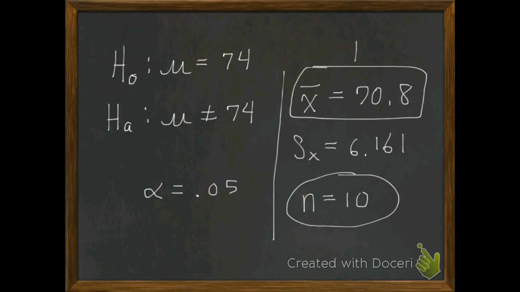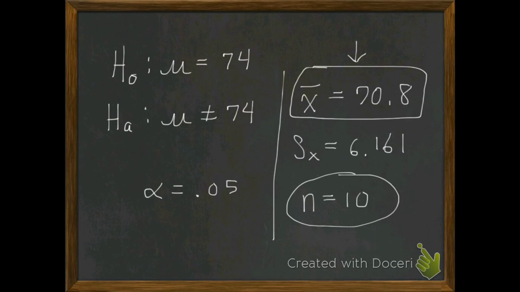There's nothing holy about this 70.8, because if we got a sample of 10 different kids from our school, we'd get something different. It may be higher than 70.8, maybe 75. We don't know. There's going to be natural variation in our samples, so there's nothing special about the 70.8 other than it's just the sample that we have and the one we're going to work with.